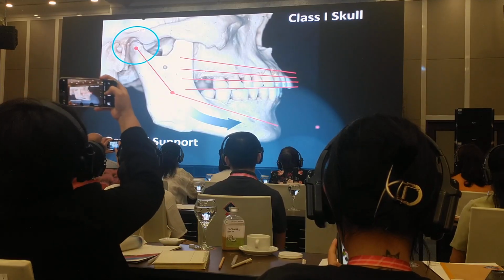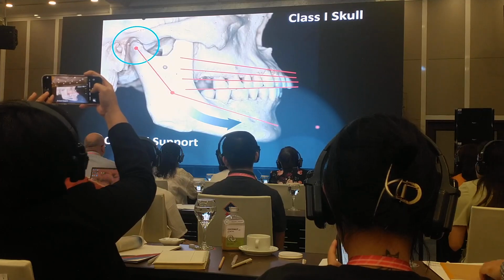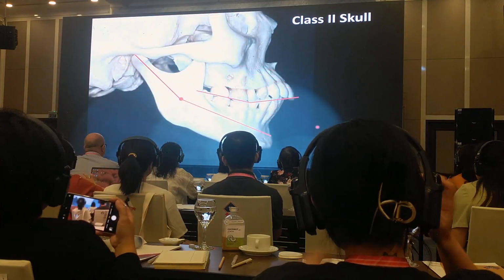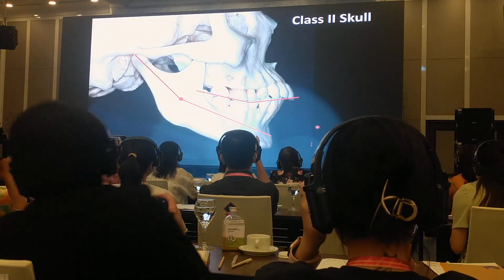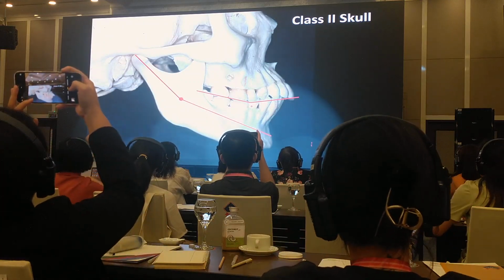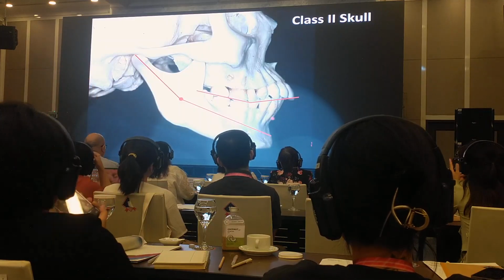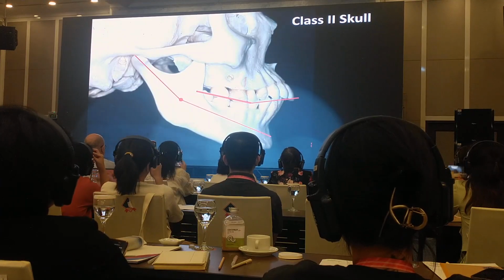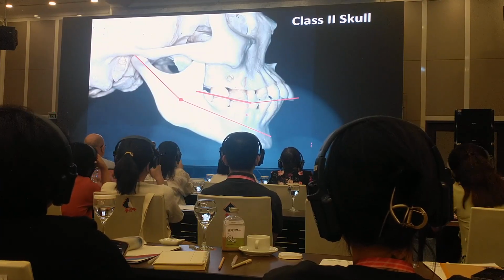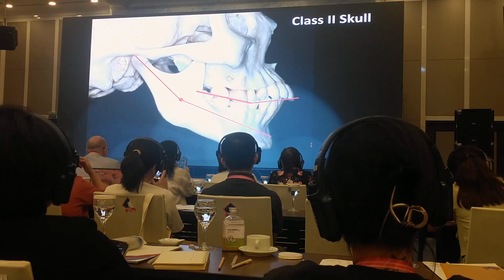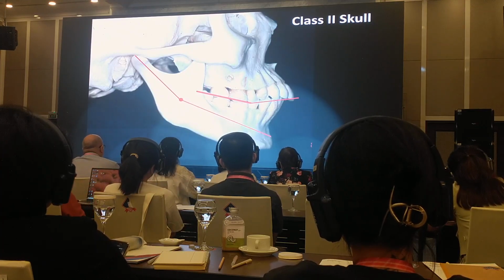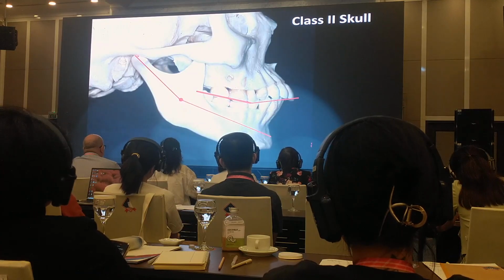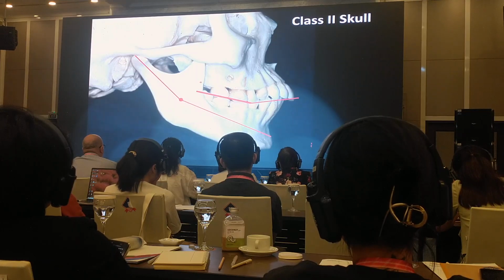But now, the problem. If you see class 2 kids, their posterior occlusal plane is very thin, not enough vertical dimension. In this kind of growing subject, if she bites strongly, we have no space between the condyle and brain, that means the joint is always compressed.